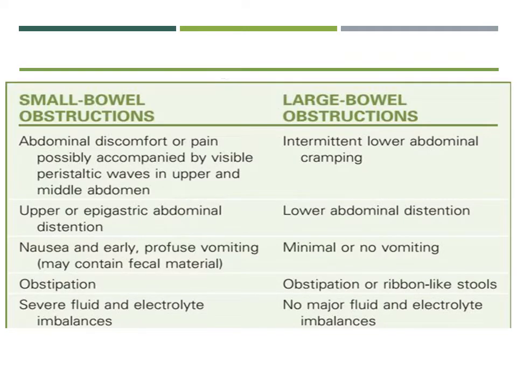Okay, so let's talk about bowel obstructions. So a bowel obstruction is where something has either blocked the lumen of the small bowel or the large bowel, or there's been a twisting of a loop of bowel, and because of the twisting, the contents within the bowel can't continue on.